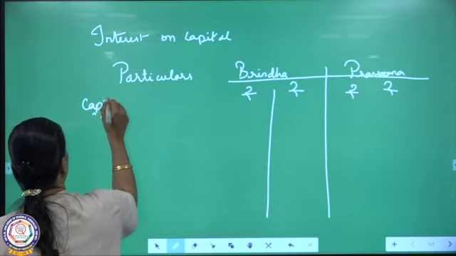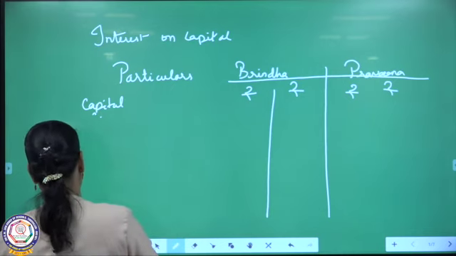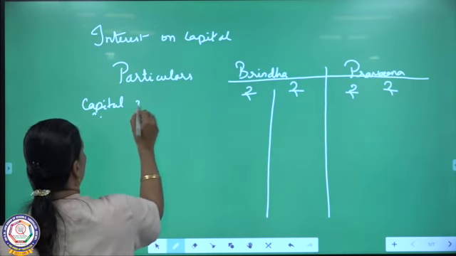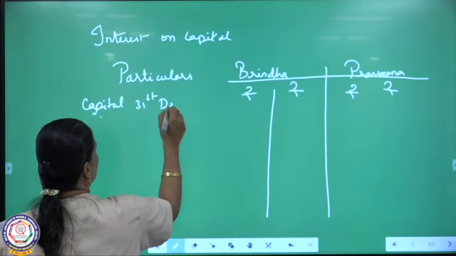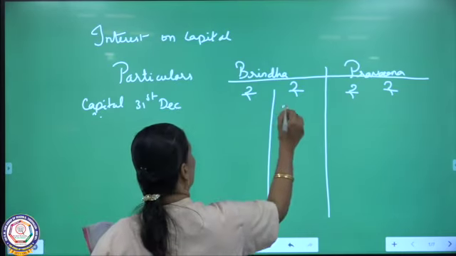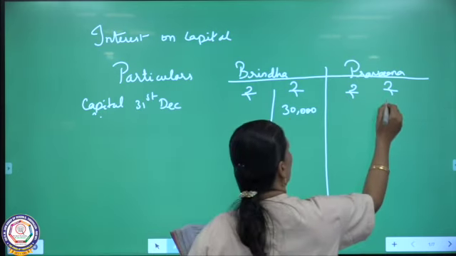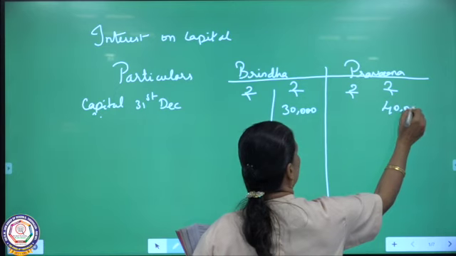So, capital, they have already given the closing capital in the balance sheet itself. So, capital 31st December. How much? 30,000 for Brinda, for Praveena 40,000. Okay.